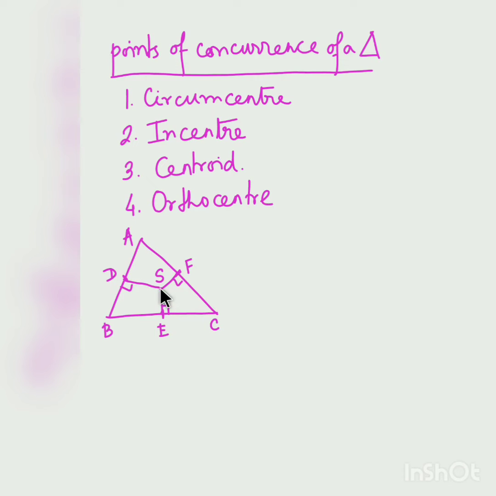Now the word centre implies there might be a circle, right? So if I put my compass here and my pencil over here and rotate it, it will pass through the three vertices of the triangle, forming a circle called the circumcircle.